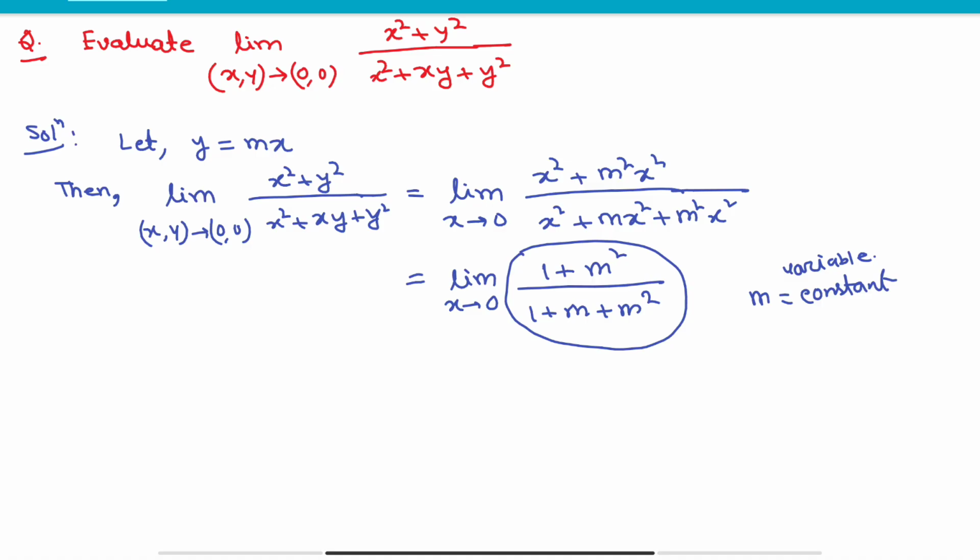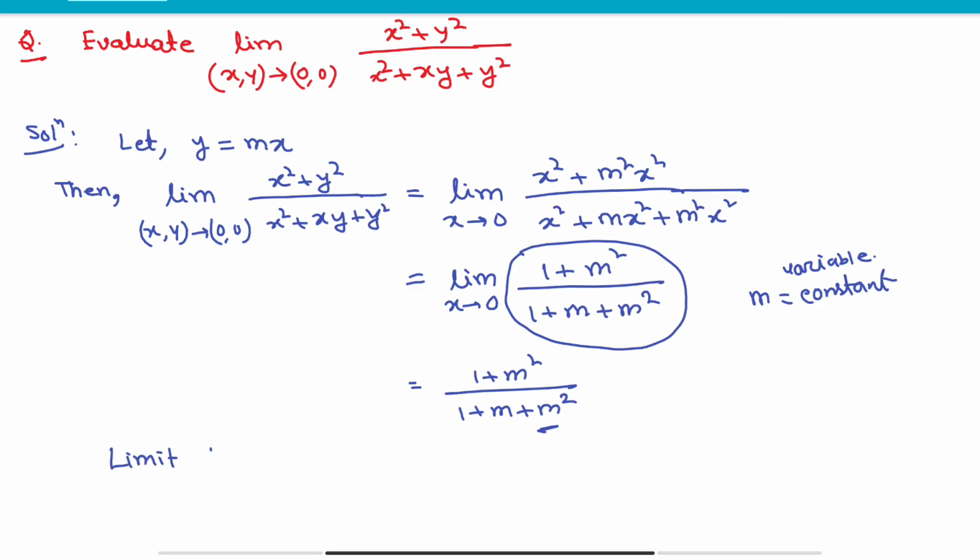That means this limiting value, 1 plus m square divided by 1 plus m plus m square, will be variable. But the basic concept of limit, we know that for a given function the limit will always be unique. But since m is variable, obviously this limiting value will be variable. That means it represents that the limit does not exist.